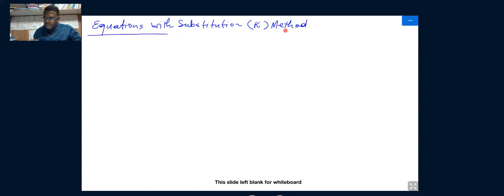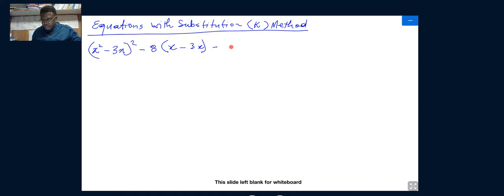We are going to use the K method. Here you find that there is a term that is repeated. It will look like this. Let me just take this example. x squared minus 3x, all squared, minus 8 into x squared minus 3x, minus 20 equal to 0.